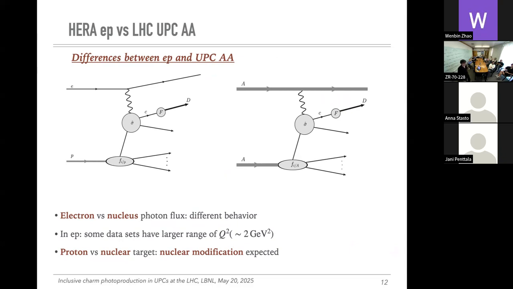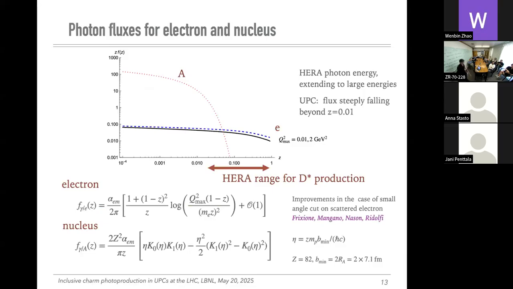Then at HERA, they can do the beams in this photon energy. I wonder to what extent one could do this in UPCs. We integrate over it, of course. And then we have a proton versus nuclear target, so there's nuclear modification.